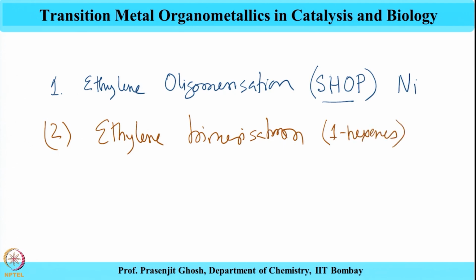This is a process that uses an early transition metal, a tantalum 3 catalyst, for carrying out this 1-hexene formation.